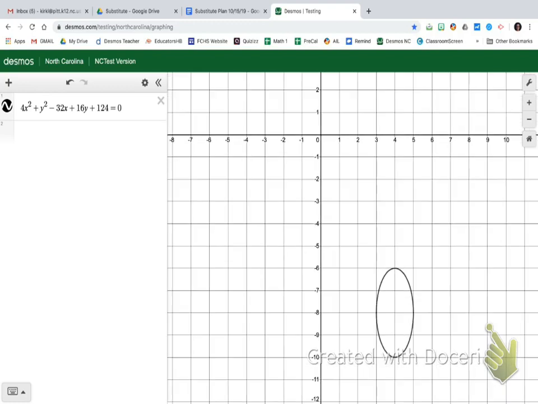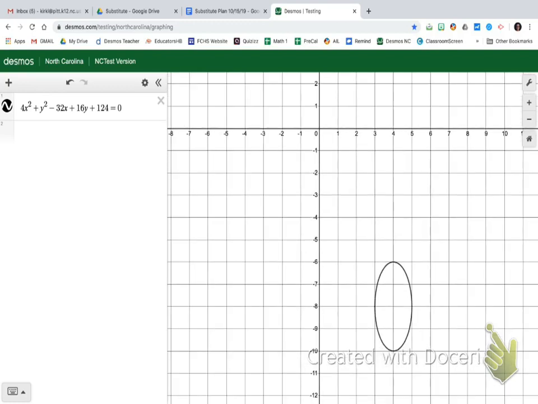All right, so there's my ellipse. So I need to kind of know what my major and my minor are. And if I know my major and my minor, then I can definitely find my length from my center to my foci.